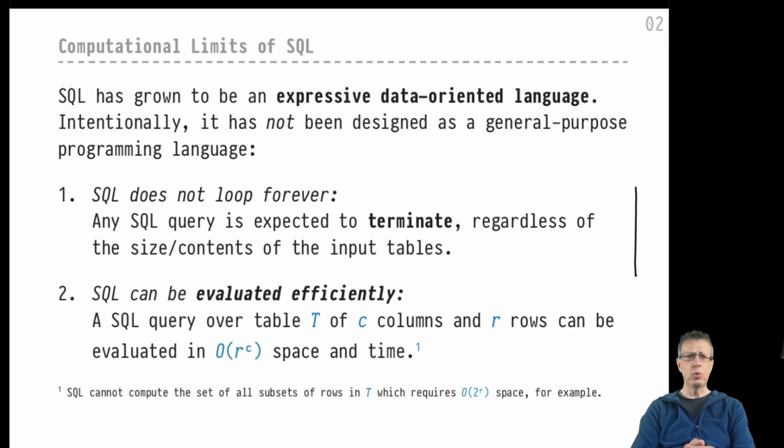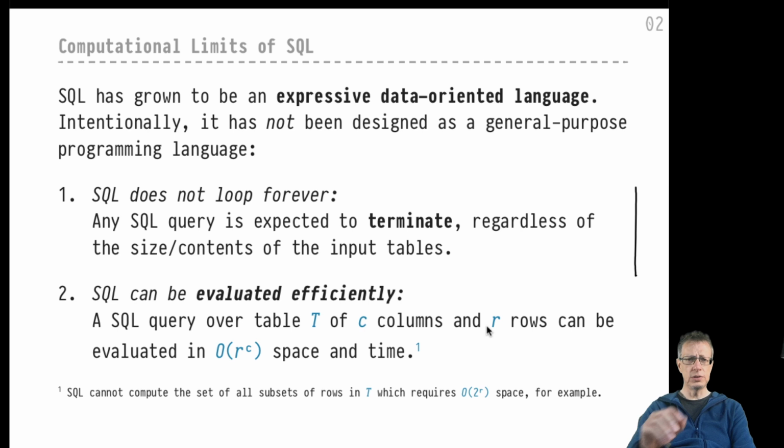Okay, SQL can also be evaluated efficiently, right? With efficient evaluation, we refer to the space and time requirements that you will face when you evaluate your favorite SQL query over any input data. So let's say we formulate a query over table T with C columns and R rows.